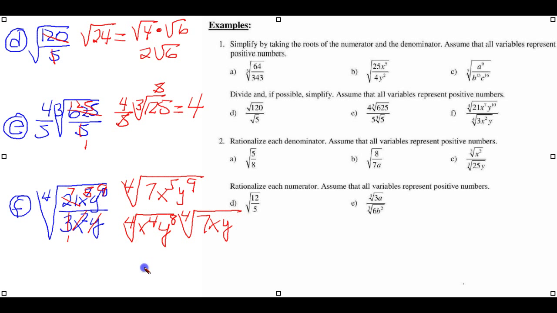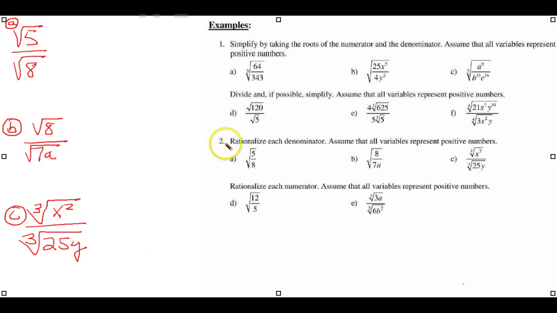So this becomes x, y to the 2nd, and the 4th root of 7xy. Again, we're looking at strategy. Can write these all under a common radical sign, do the simplification, and continue with it until you end up with a basic simplified form.